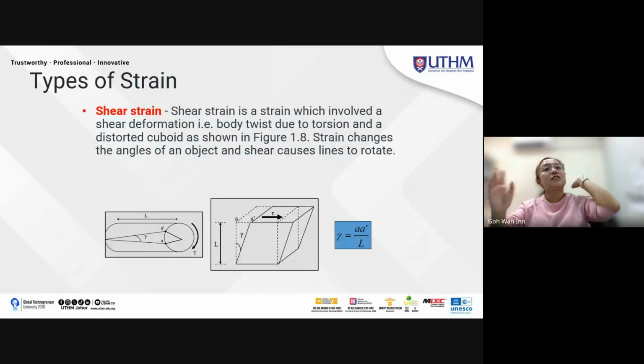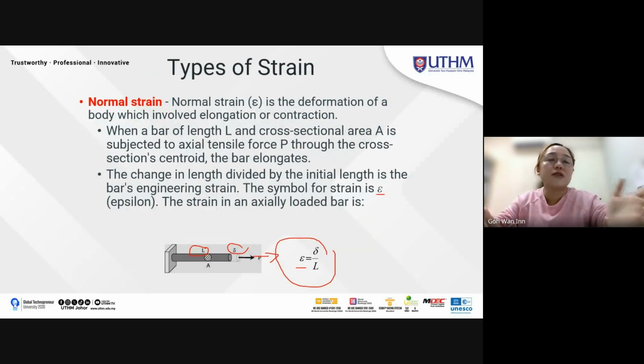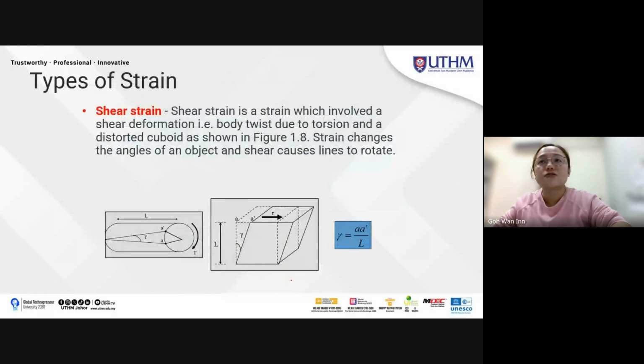And then the shear strain. Just now this one is normal strain, but this one is shear strain. Shear strain is a strain which involves shear deformations. The body twists due to the torsion and distorts a cuboid as shown in figure 8.1.